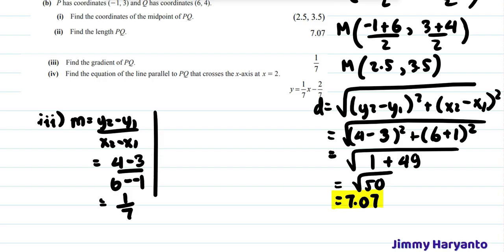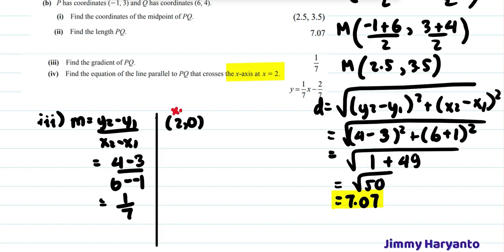Next is the equation of the line parallel to PQ that crosses the x-axis. Okay, first we'll prepare this. Crossing the x-axis means y equals 0. So this is our point later, x1, y1, because the question says passes through, cross. Okay, and then the next key point is parallel. Parallel means the second gradient will be equal to the first gradient.